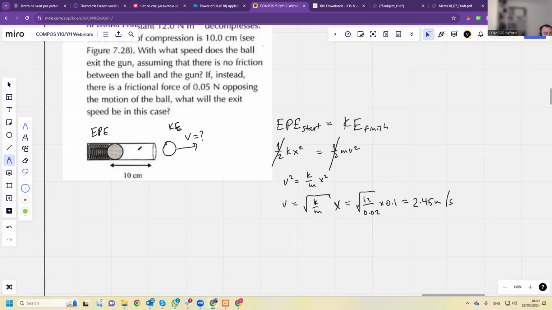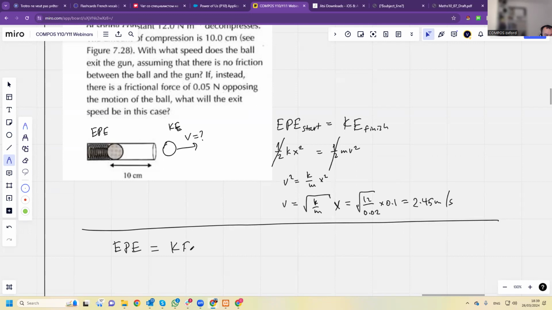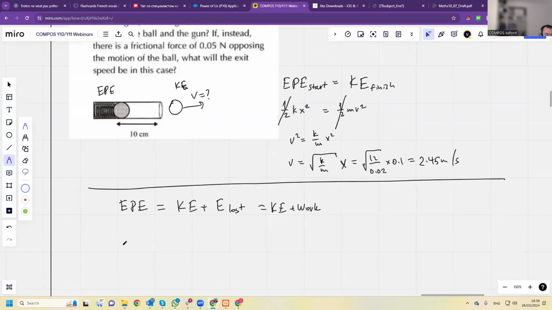And when there's friction, the elastic potential energy is equal to the kinetic energy plus the energy lost to friction. So the work done, which is kinetic energy plus work. Okay, so elastic potential energy, 1/2 kx squared equals 1/2 mv squared plus, so that's question B, the work done, which is force times x, the distance traveled. x is 10 centimeters.